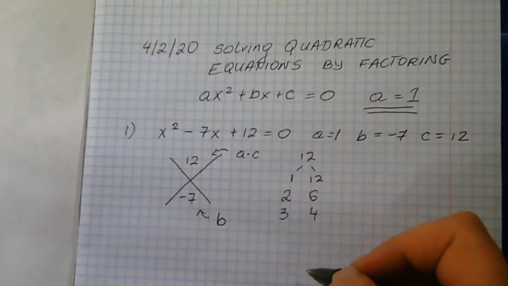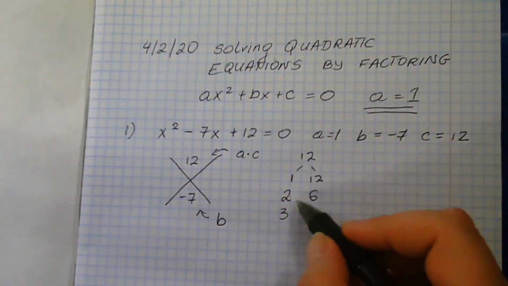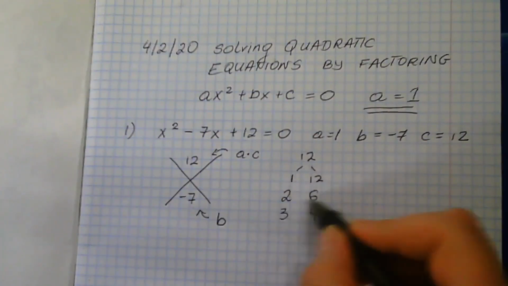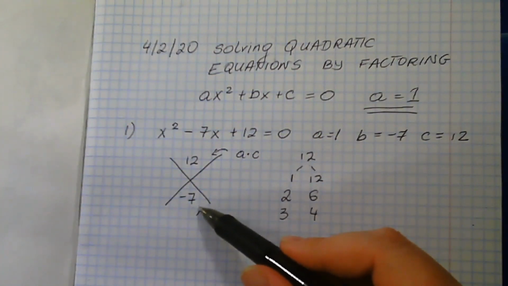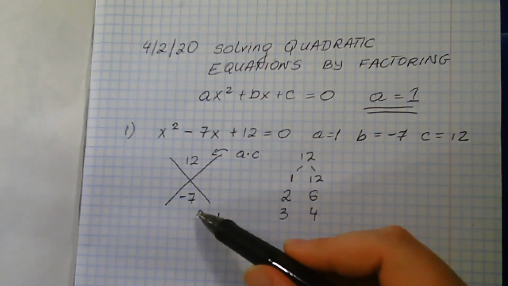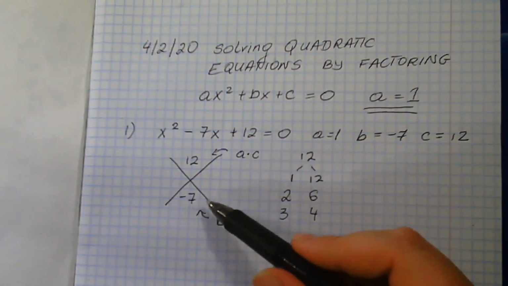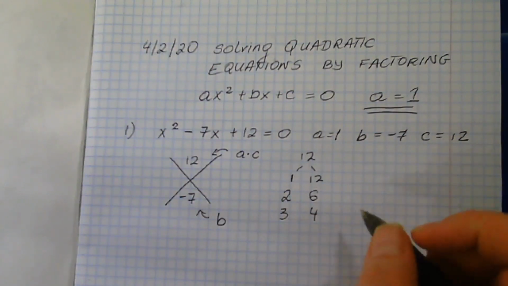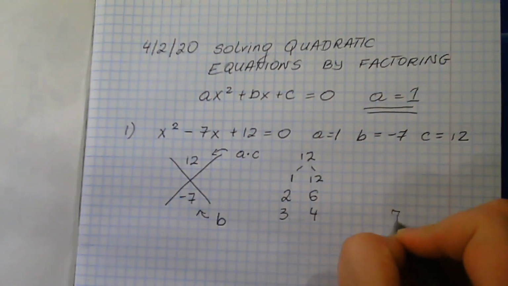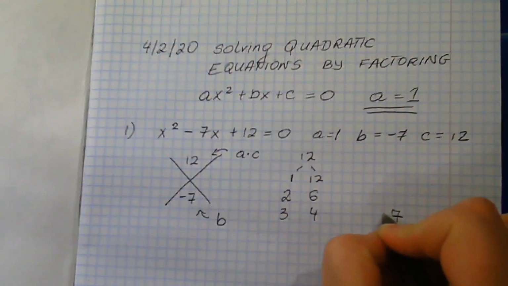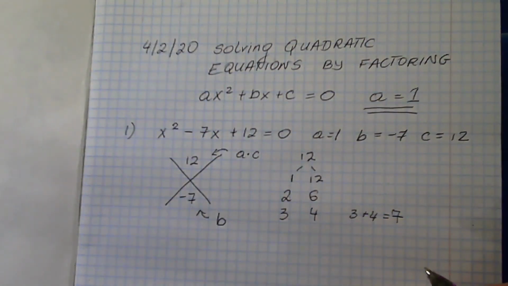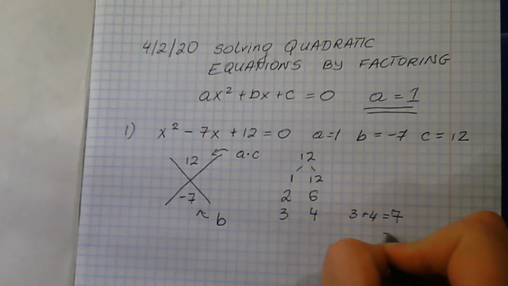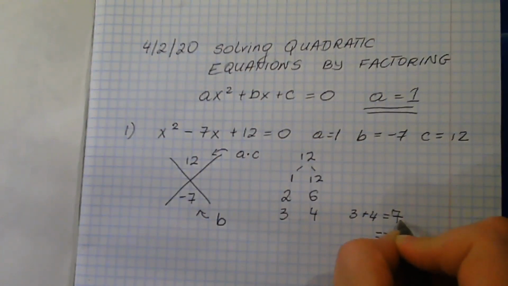Now I'm looking for numbers that multiply to 12, so those are my pairs, and at the same time add up to -7. I can add or subtract, so I can use a negative sign also. People have problems with negative numbers, so the best thing is to ask, how can I create 7? I can create 7 by adding 3 plus 4, right? But I don't really want 7, I want -7. -7, guys, is the opposite number of 7.